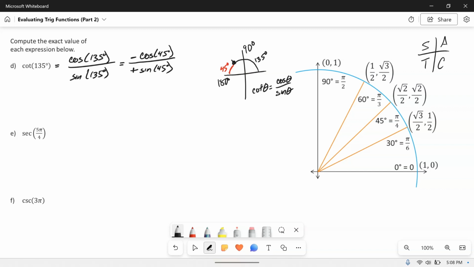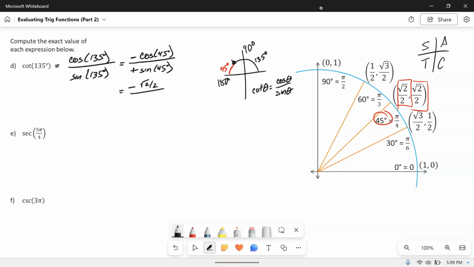Now we can jump to using our unit circle. So we find our 45 degree angle, and we need to look at the sine and the cosine. Remember, cosine is the x and sine is the y, which are the same values this time, which is nice. So we're going to have a negative, and the cosine of 45 is square root of 2 over 2.